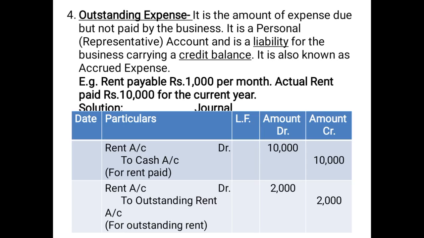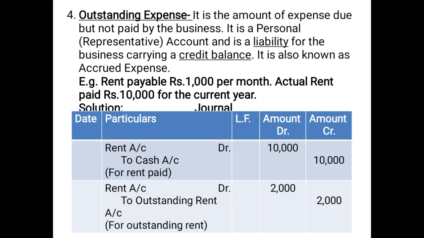That means the time has come, it has become due, but the business has not cleared the payment. So it is kind of a liability for the business, and therefore outstanding expense carries a credit balance, and the respective expense will be debited, because we debit all expenses and losses.